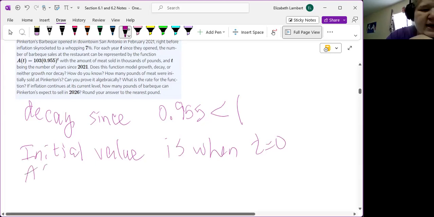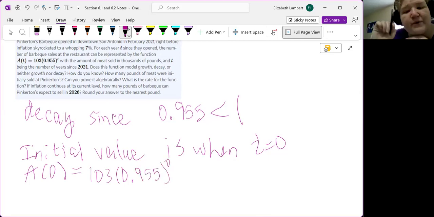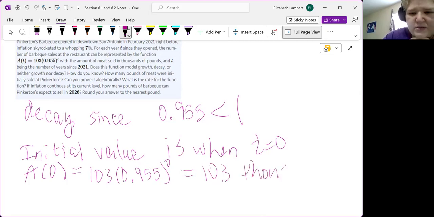So A of 0 would be 103 times 0.955 to the 0. A number raised to the 0 power is 1. 103 times 1 is 103. So 103,000 lbs is pounds of meat.